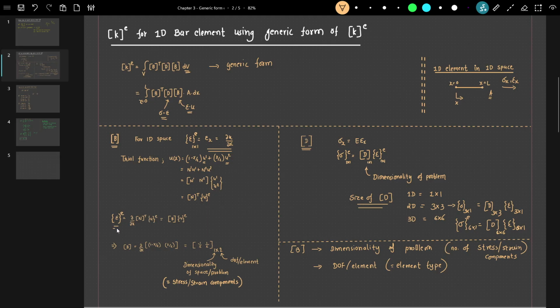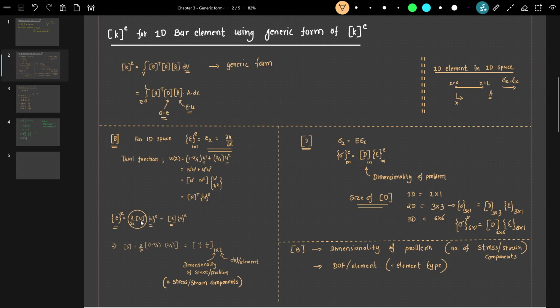This is our strain vector and this is the displacement vector. So this is our B, the strain displacement relation. So I can say this is B into displacement vector u e. So let's find B.